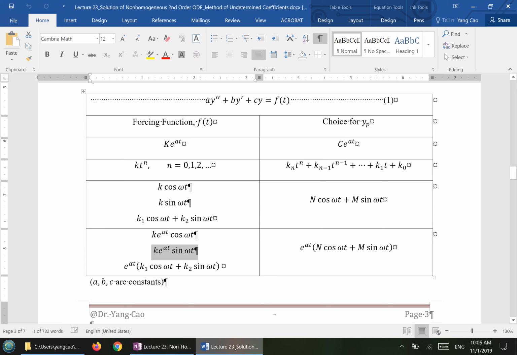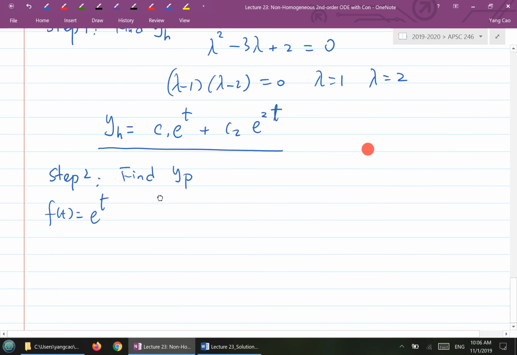Now if I pick my yp based on this table, when your input is this format, your choice of yp should also be in this format. So f of t equal to e to the power of t, according to the table, yp should be c e to the power of t.